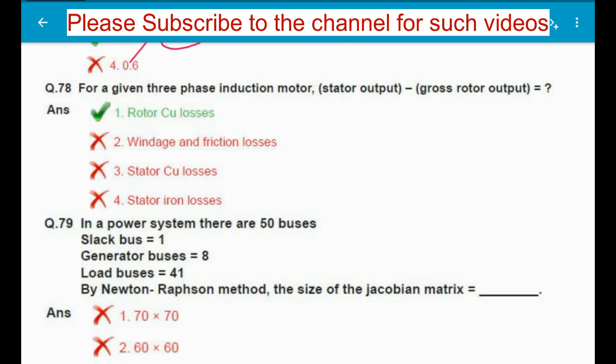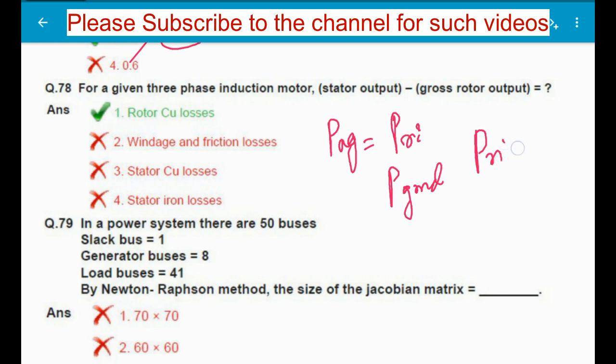So for a given 3-phase induction motor, stator output minus gross rotor output. Stator output means the air gap power or the rotor input power, and gross rotor output means PGMD. I have already explained. So PRI minus PGMD is rotor loss.